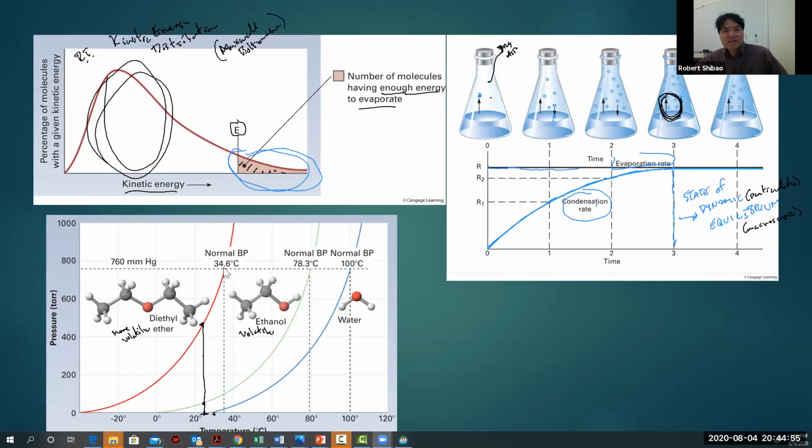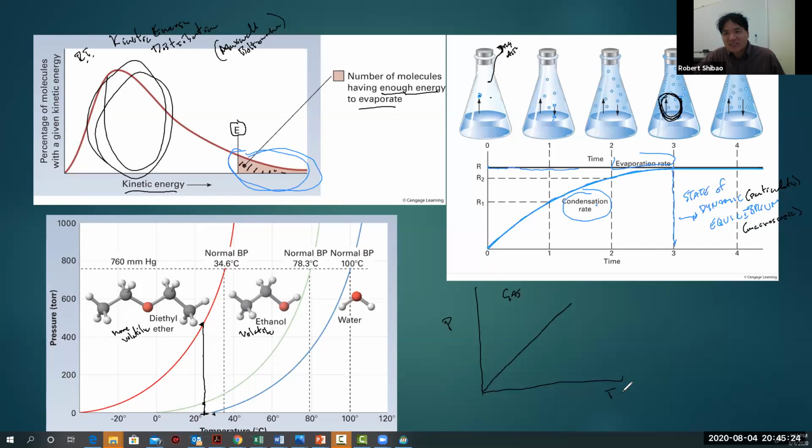Well, this temperature thing is pretty interesting because this is not like gases. Normally, when we're dealing with a gas, the pressure of a gas looks like this. When we look at P versus T, it's linear.